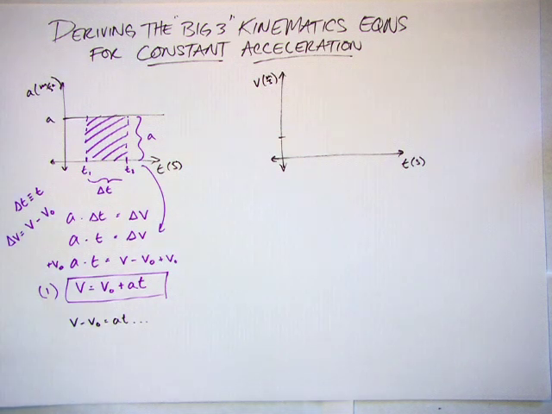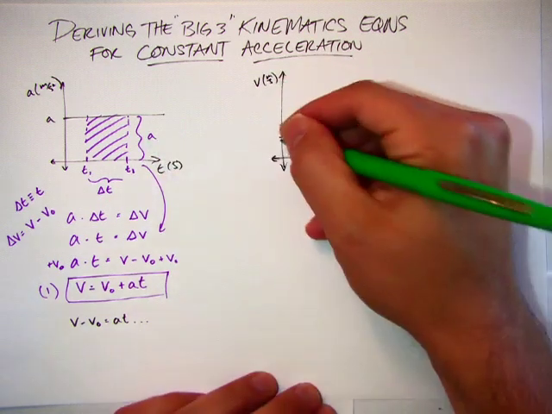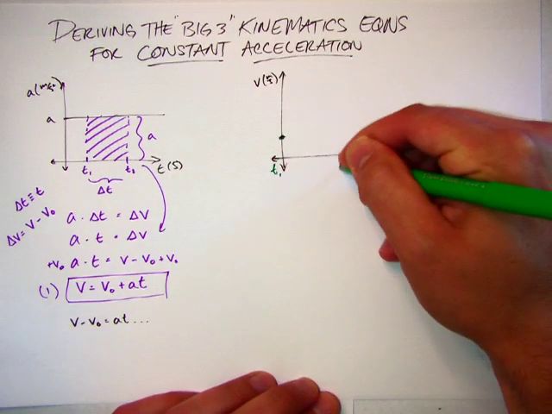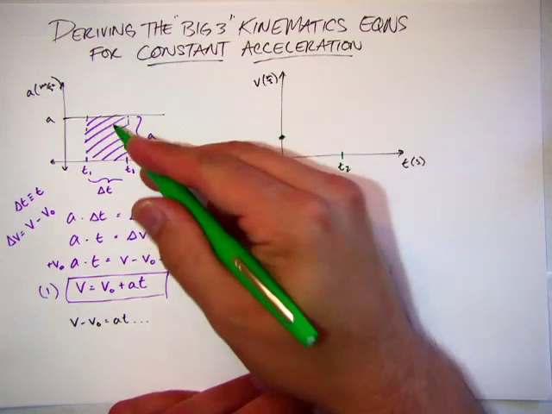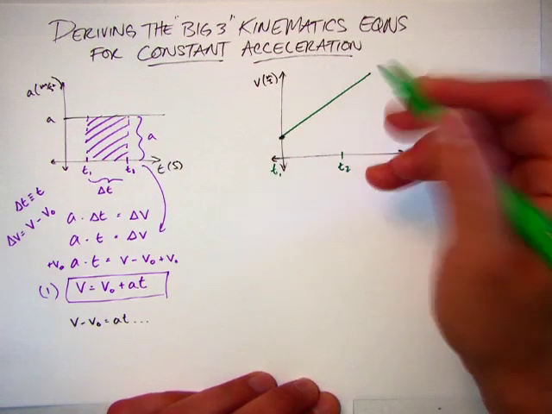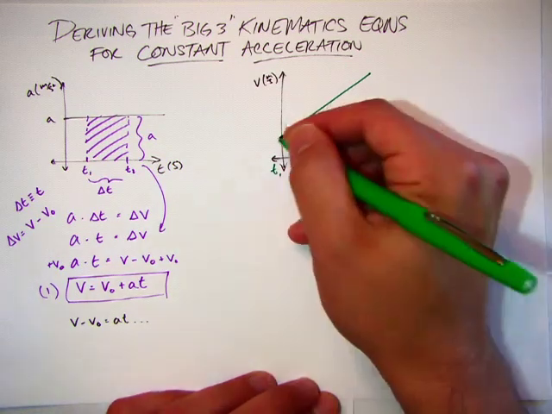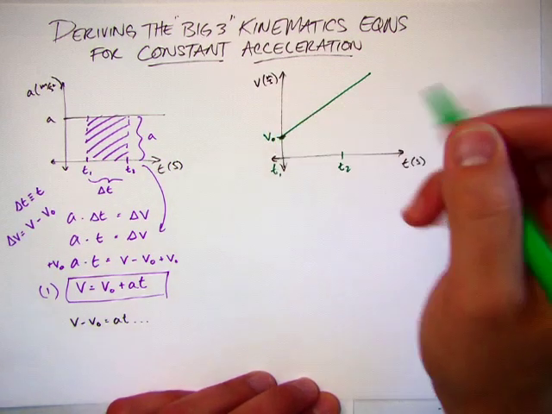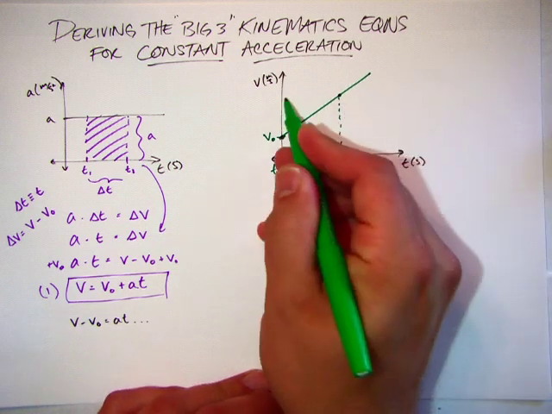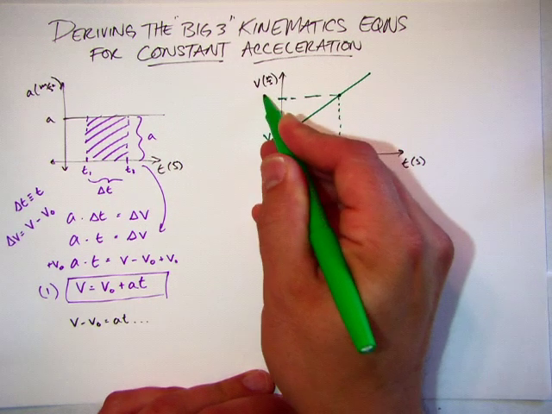And that is, what if we were to take this constant acceleration motion and plot it on a velocity time graph? So let's say my time t1 is here, my time t2 is here, and if this is a constant positive acceleration, I'm going to have an increasing constant slope line where this is my initial velocity, whatever that value is, and whatever this value is my final velocity, v.